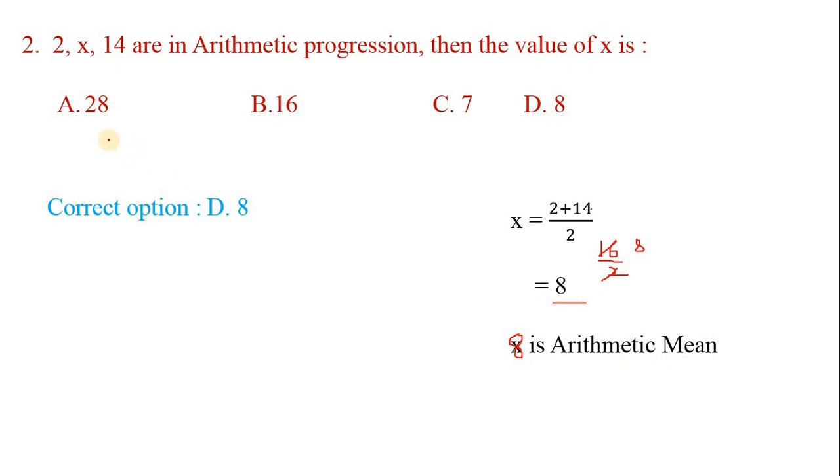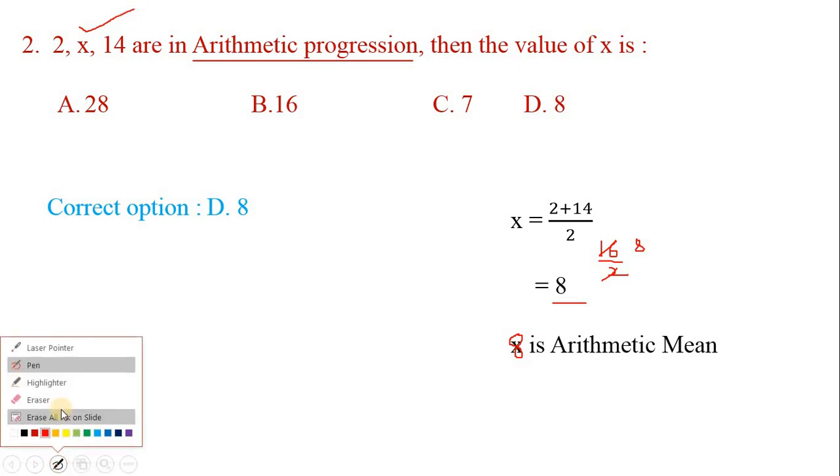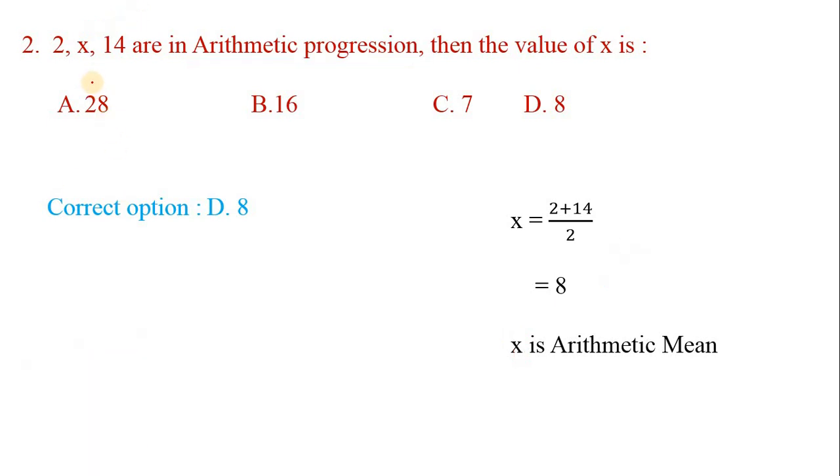Another method is that you can solve this directly. Look here, an arithmetic progression has to be in ascending or descending order. If you substitute 28 in place of x, it cannot be in ascending order, because after 2 we get 28, and after 28 the number should be greater than 28.